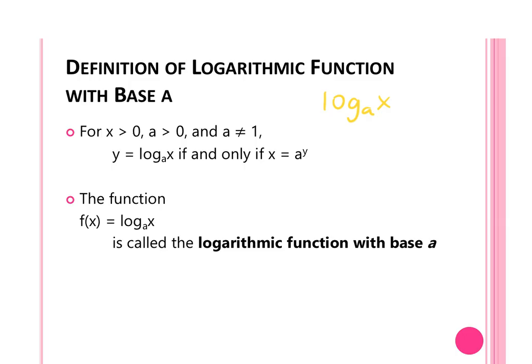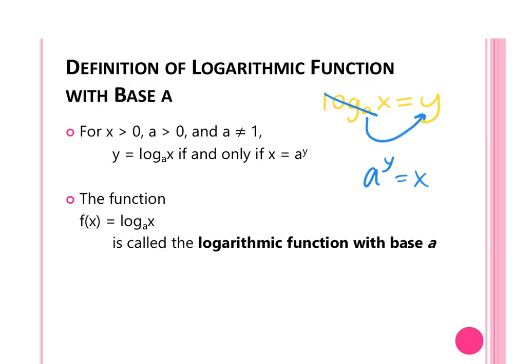The very basic foundation of logs is how we go back and forth between log and exponential. And the way we do that is that the base on the log comes over and picks up the other side, and it drops off, leaving what it's next to originally by itself. So if it looked like this, the A comes over and picks up the Y and drops off, and it would be equal to the X. So whether you're going from log to exponential or exponential back to log, the two that are paired together at the beginning never stay together.